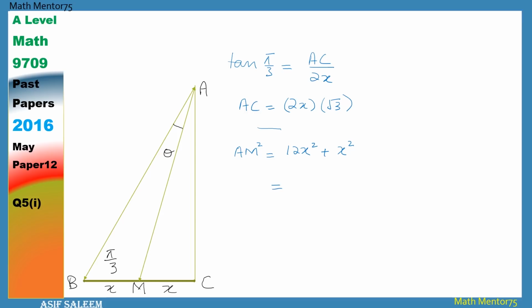Add these two, we have 13x square. This is AM square. Now we have to find AM length, taking the square root of both sides. We have square root of 13 and x outside the square root. It's better to write square root first so that we don't have any ambiguity. So this is your length AM in terms of x.